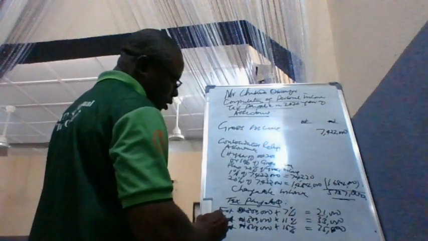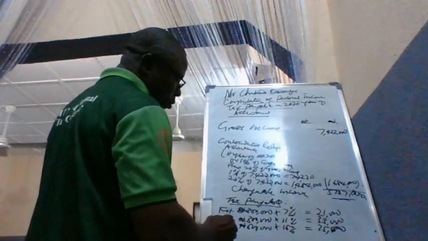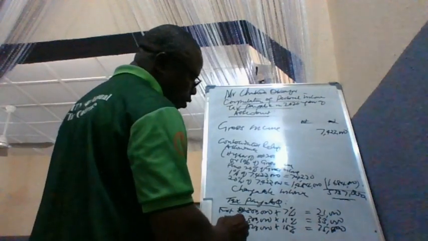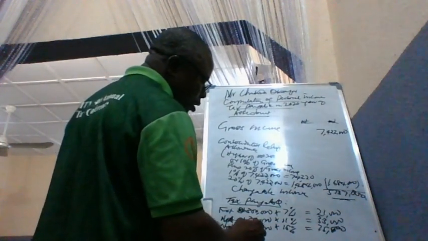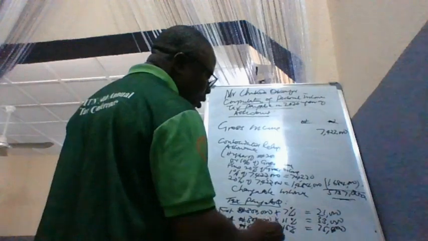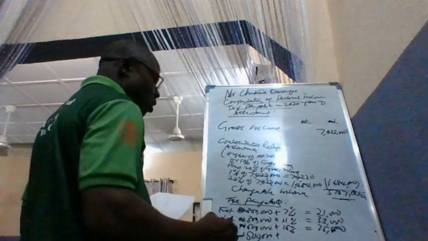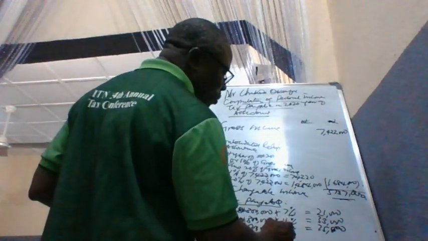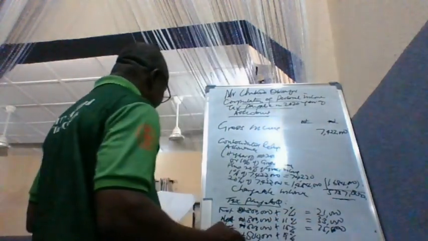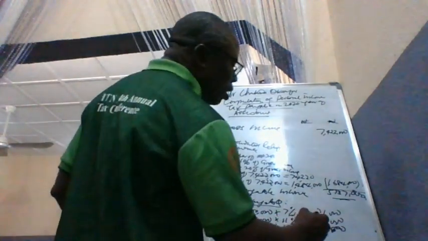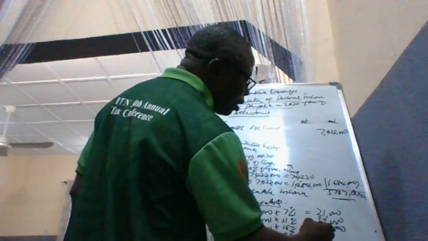Then the next 500,000 naira times 19% will give you 95,000 naira.